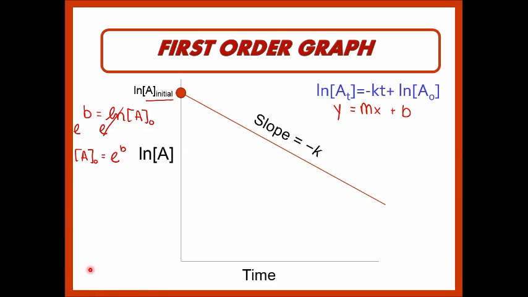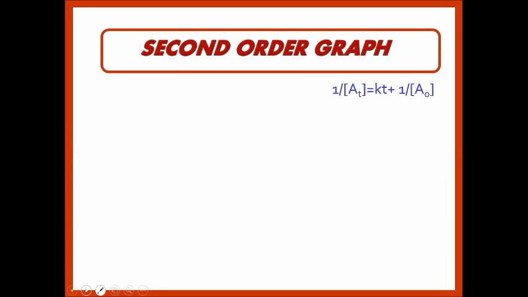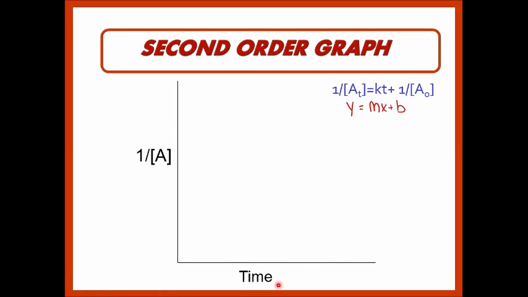y-intercept. And finally, if we take a look at the second order graph, we can see that 1 over the reactant concentration at a time is equal to the rate constant times the time of the reaction plus 1 over the initial concentration of that reactant. Again, this expression is analogous to y equals mx plus b. And so by plotting time versus 1 over the reactant concentration, we should yield a linear relationship.